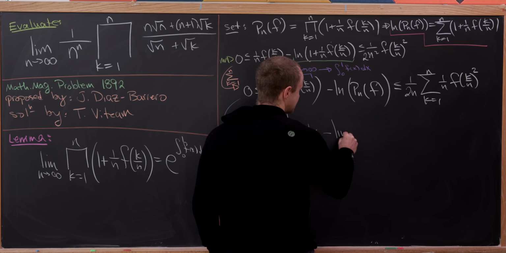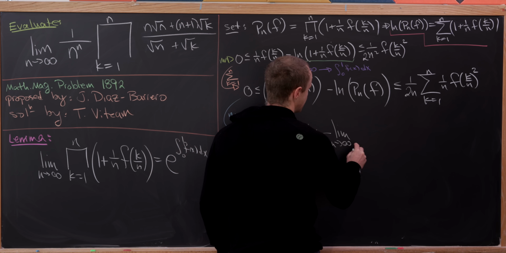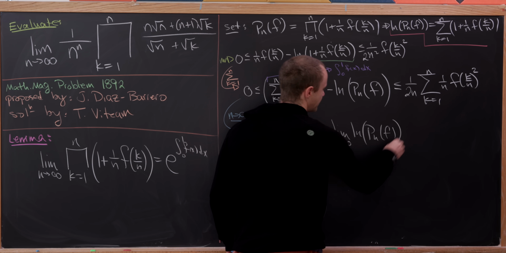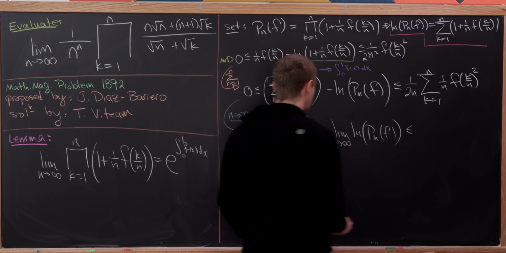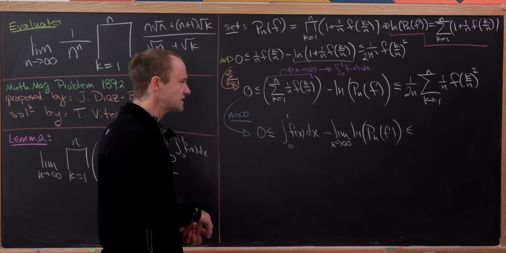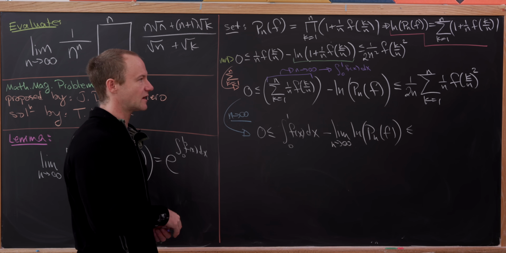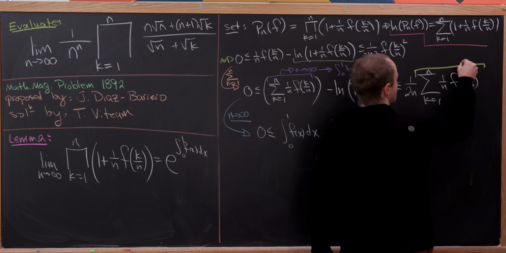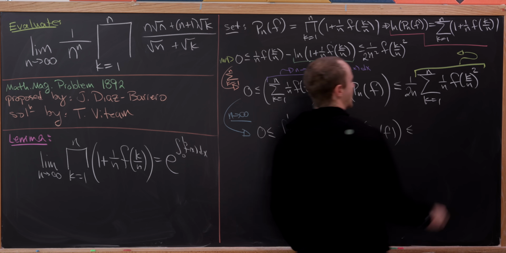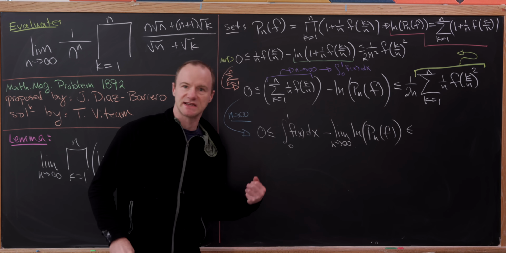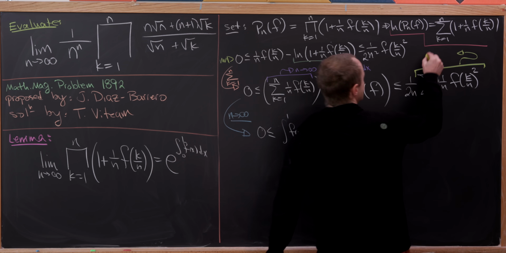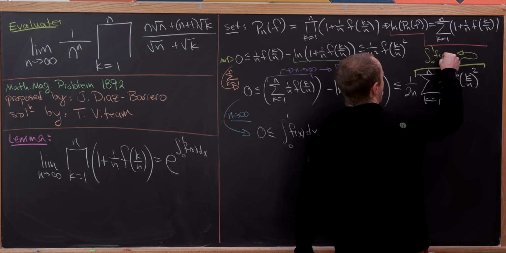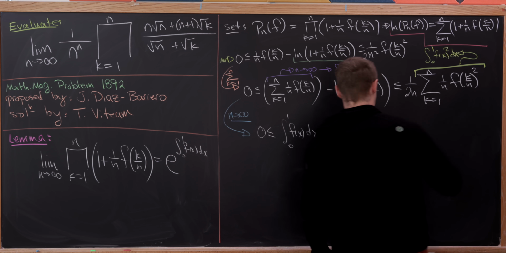And then minus this limit as n goes to infinity of the natural log of P_n f is less than or equal to, so let's look at this. This other thing also looks like a Riemann sum. So let's put this yellow overline here and observe that now the function is f squared instead of f. So this should turn into the integral from 0 to 1 of f of x squared dx.